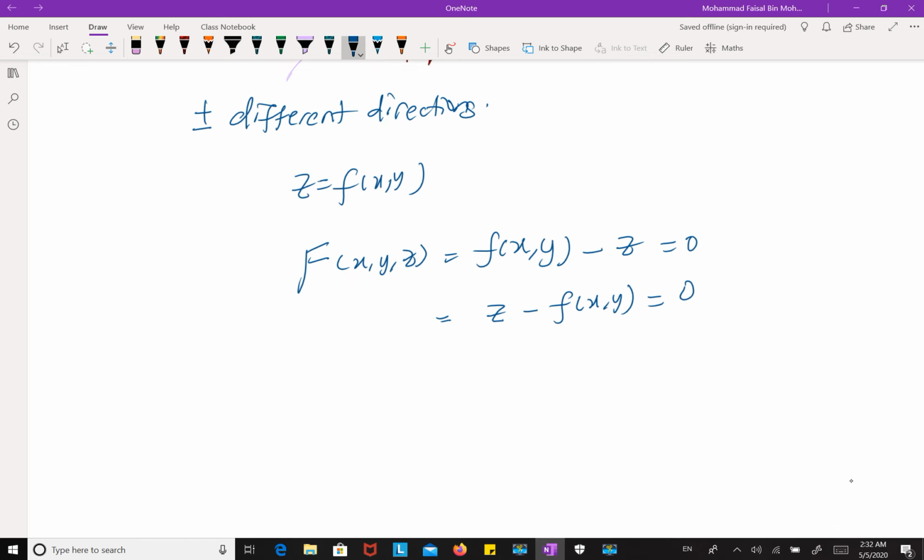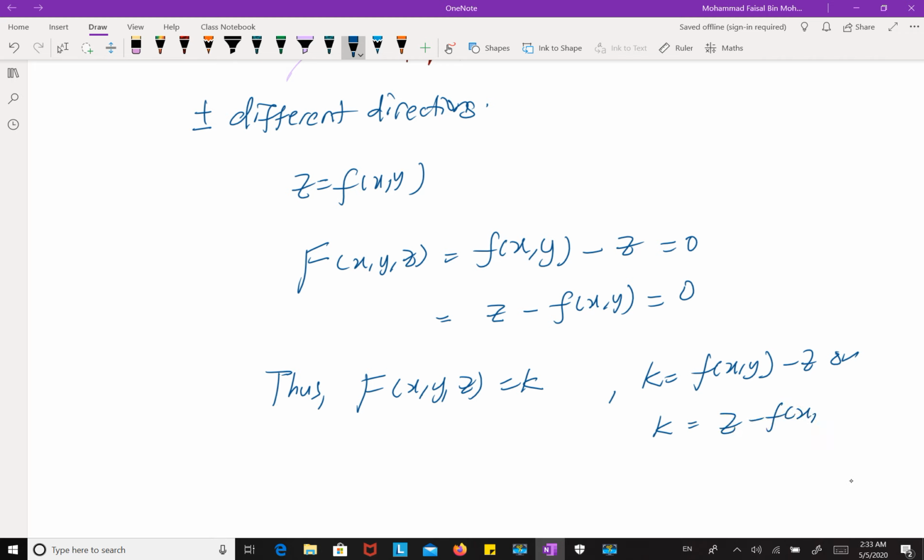Thus F(x,y,z) equals k, where k is f(x,y) minus z, or your k will be z minus f(x,y).